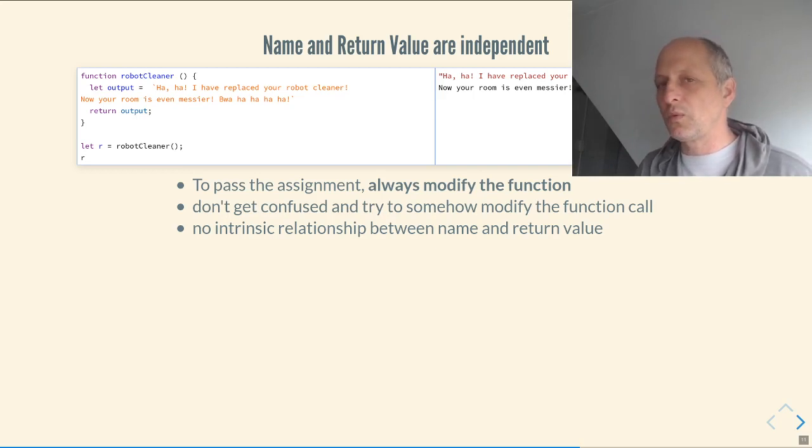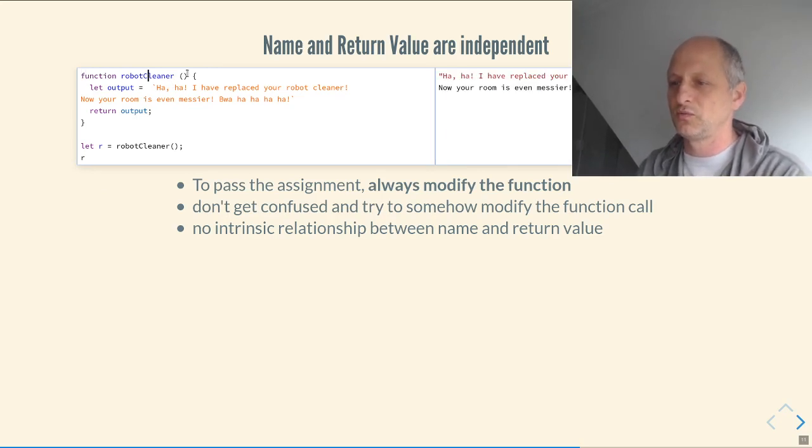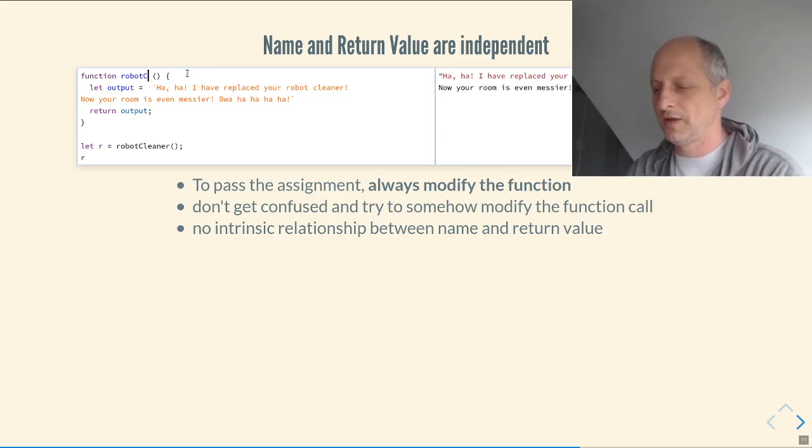So when you do the assignment, it's important always to modify the existing function. Don't get confused and try to somehow modify the function call. Suppose you want to make the robot messier, the robot mess up the room, and you decide to rename the function robot messer upper.